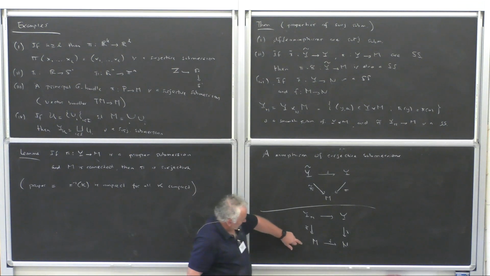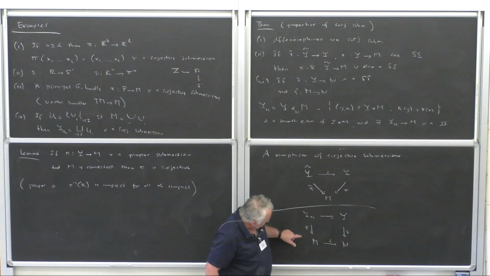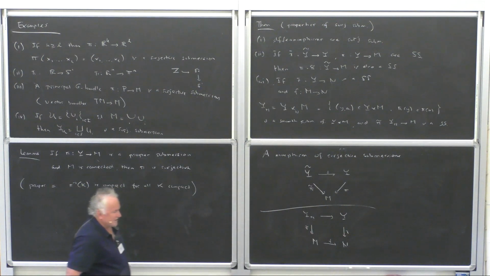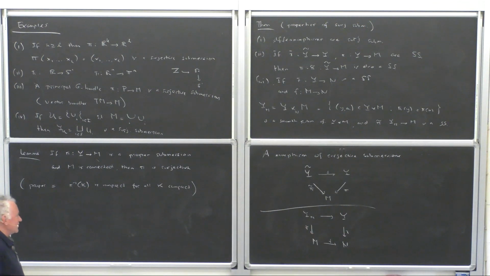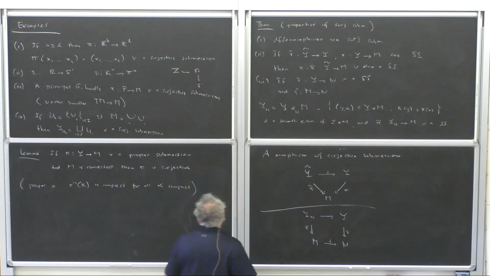So you can pull back this submersion to a submersion over M by taking the Cartesian product of Y and M in such a way that the point here maps to the same point in N. This is sort of a standard construction. This is called a pullback or associated construction, different names.